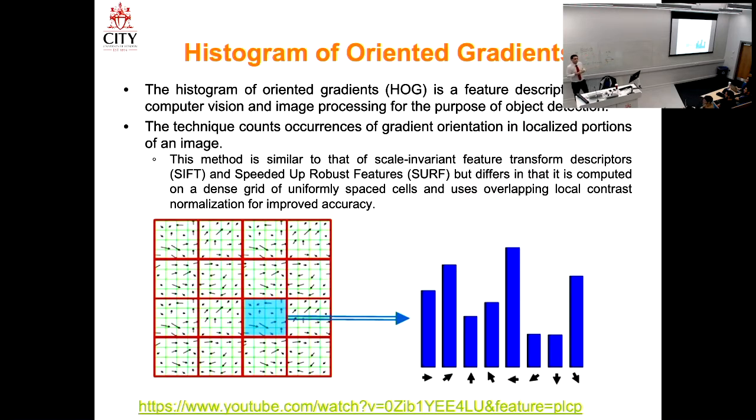So what I do is, it's too many. I bin them. I say, in this particular implementation, I have 9 bins. So I say 0 to 40. Anything that I see in this range, I say this is this bin. And then so on. And then you can bin them, like group them together. So any orientation that you have in a specific range, it falls into one of those ranges.